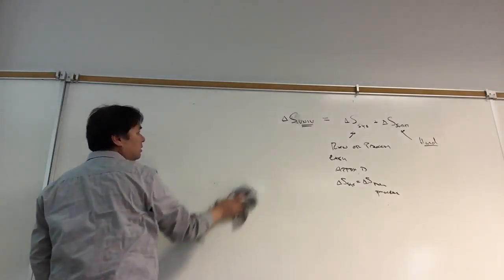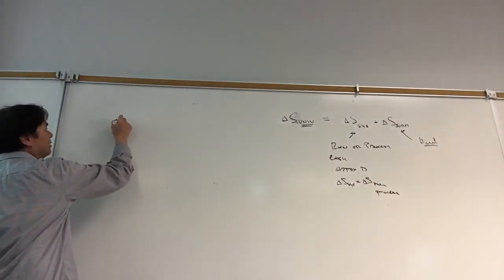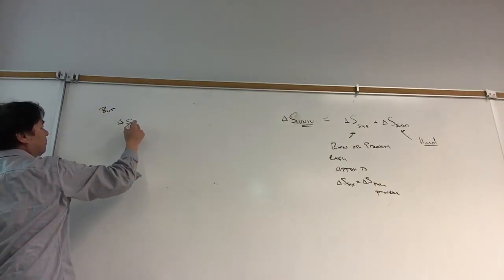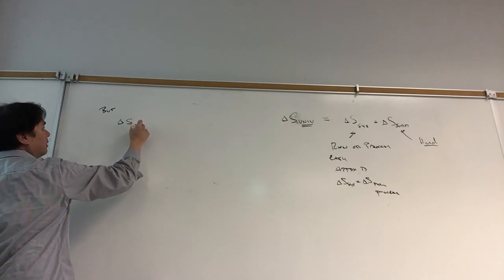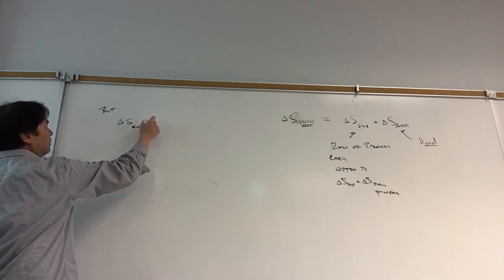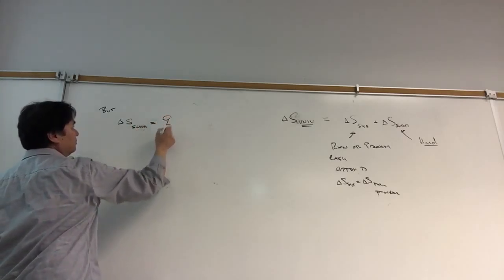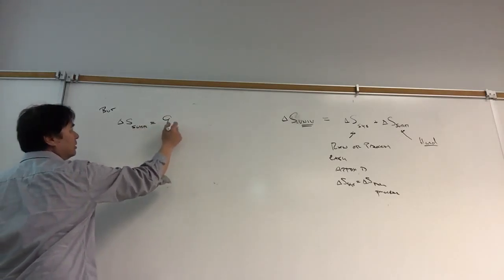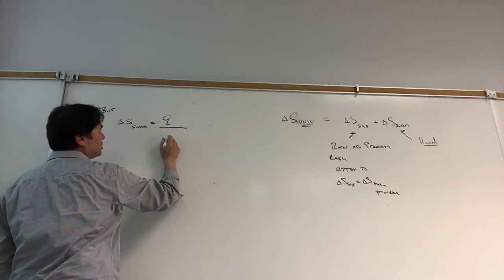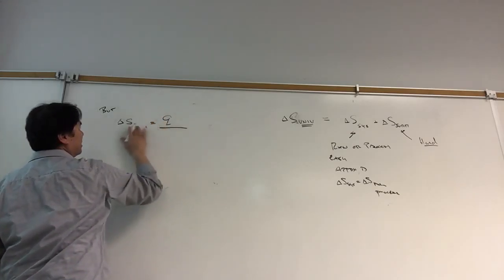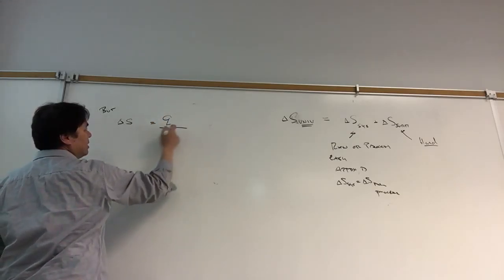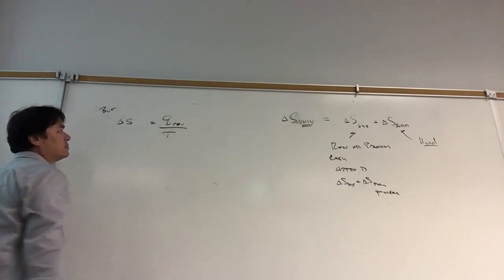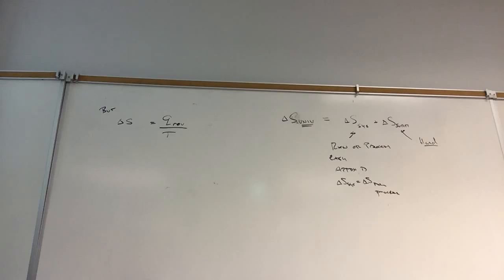One of them is the relationship between delta S and Q. Entropy is related to heat, so changes in entropy are going to be related to the heat exchange. Delta S is going to equal the amount of heat exchange between the system and surroundings over the temperature.